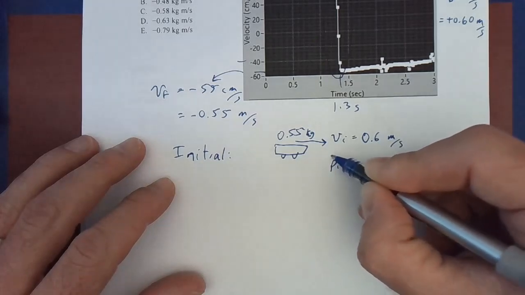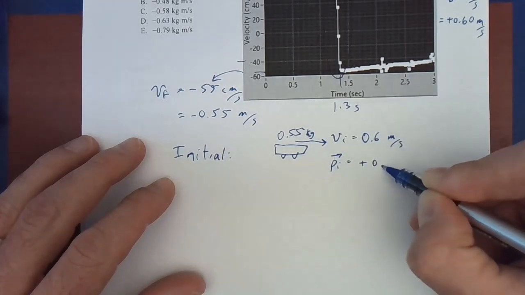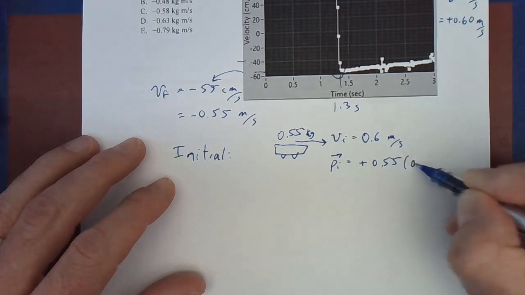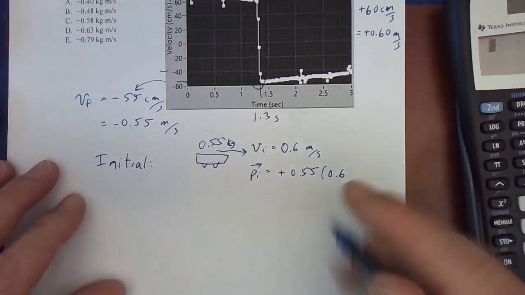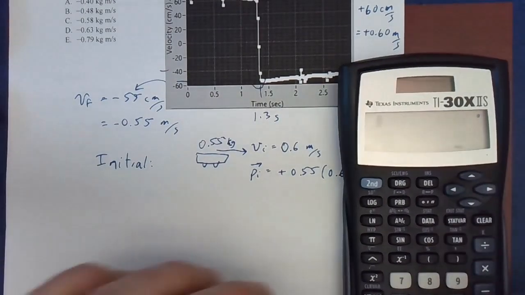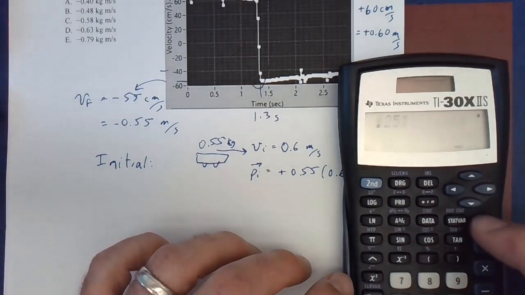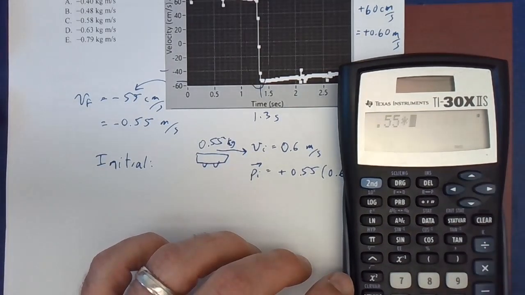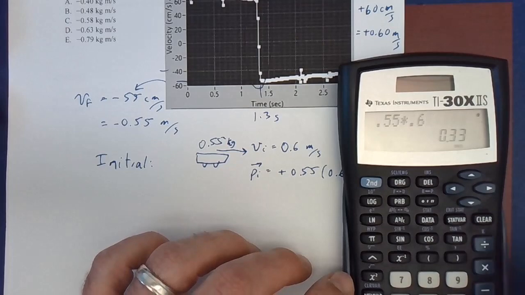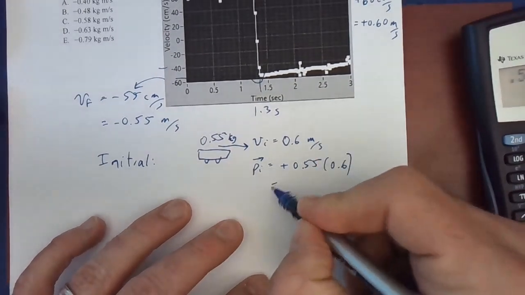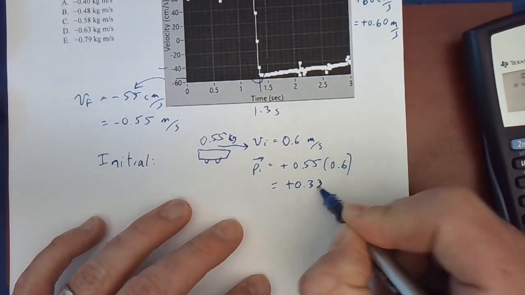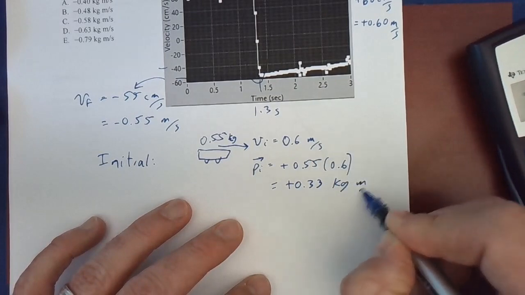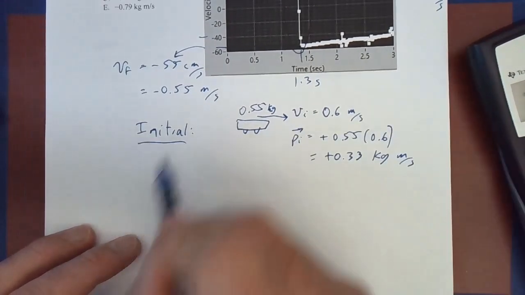So the P initial there is going to be plus 0.55 times 0.6. It's going to be plus 0.33 kilograms meters per second. And that's your initial situation.